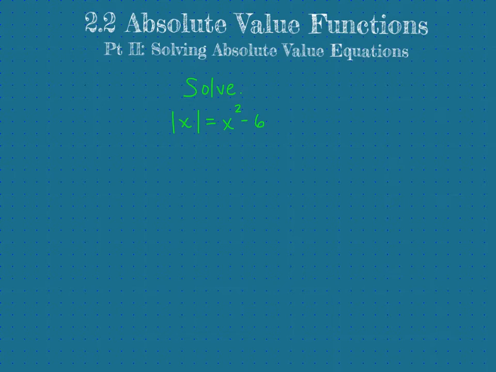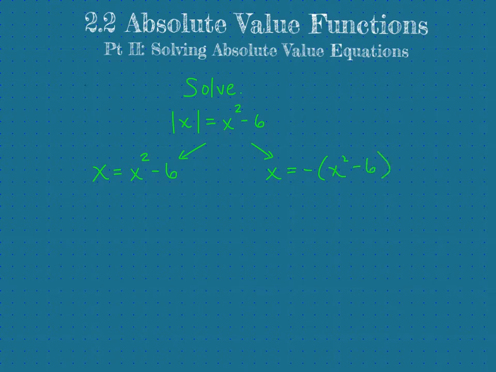This one looks a little more complex because it has a quadratic involved, but we do have the absolute value isolated, so we can go ahead into our two scenarios. What was inside the absolute value could equal the positive version of the right-hand side, or what was inside our absolute value could equal the negative version of what was on the inside.